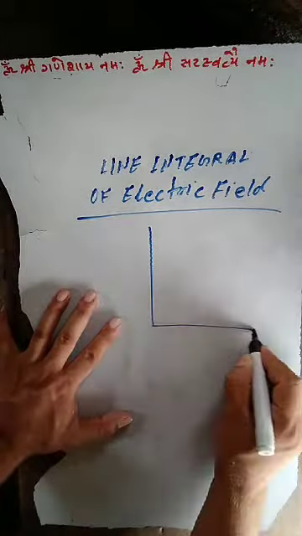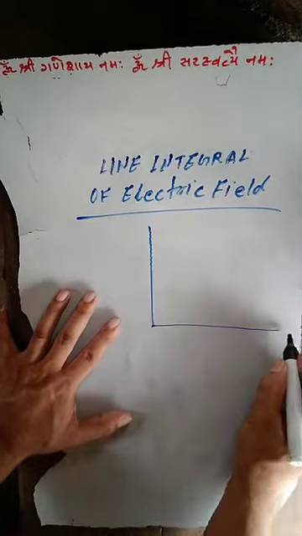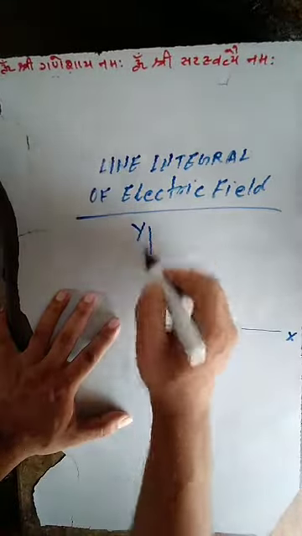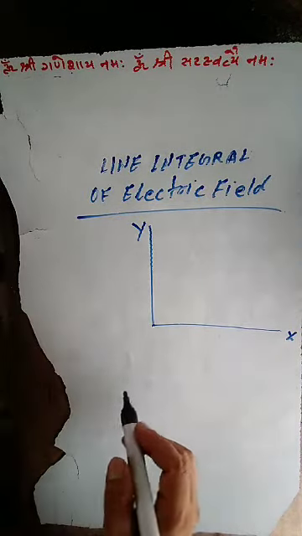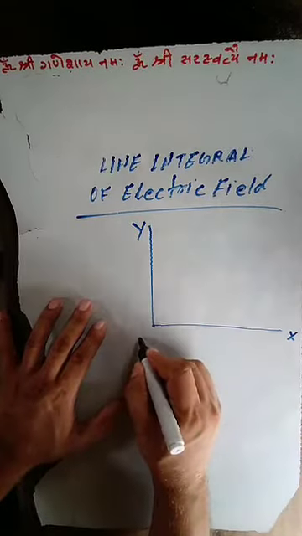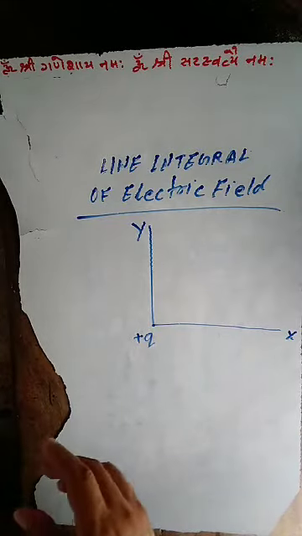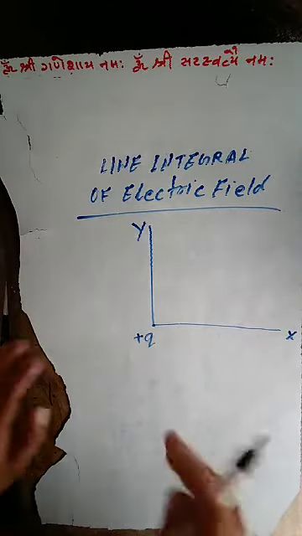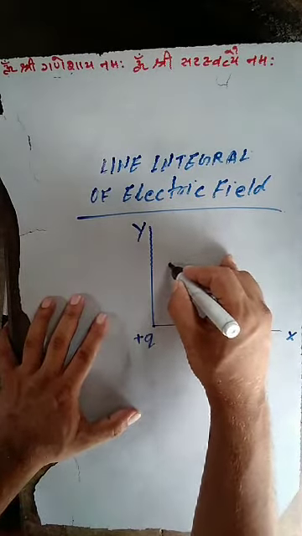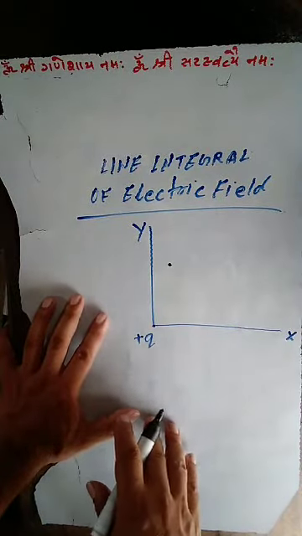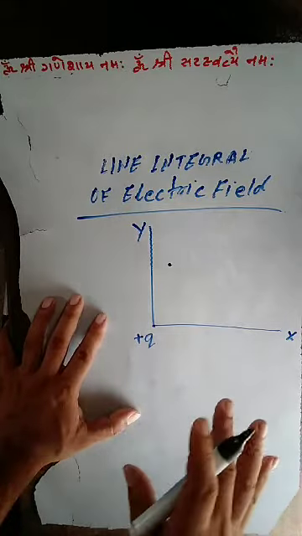Suppose we have a charge at the origin. This is your x-axis, this is your y-axis, and you have a charge plus q at the origin. Suppose we have to find the line integral of electric field along a path, along a line.